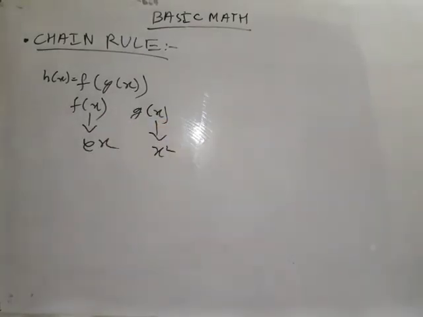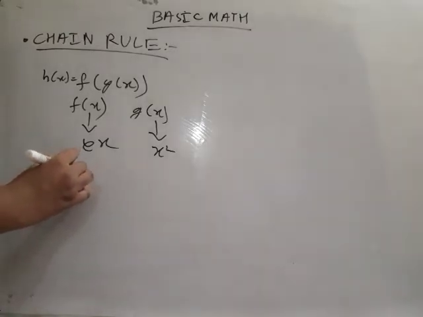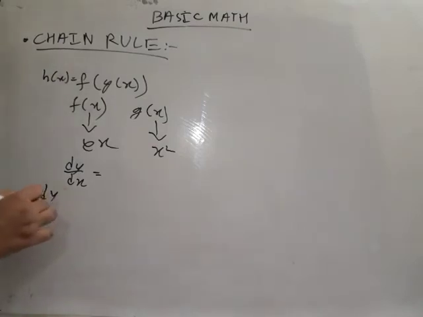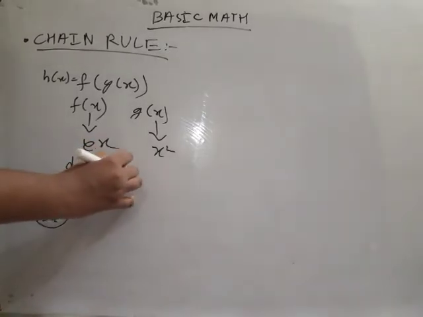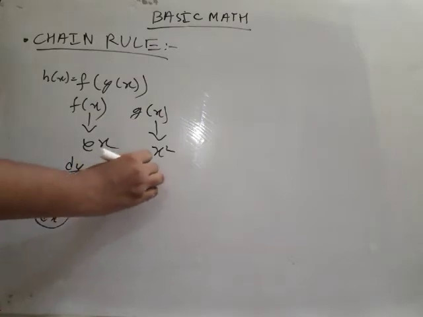Now the question may come that how will we solve this? We use the chain rule. Now what is chain rule? Chain rule follows dy by dx is equal to, suppose we hold dy and dx to be separate terms, so suppose these are two constant variables, dy by dt into dt by dx.